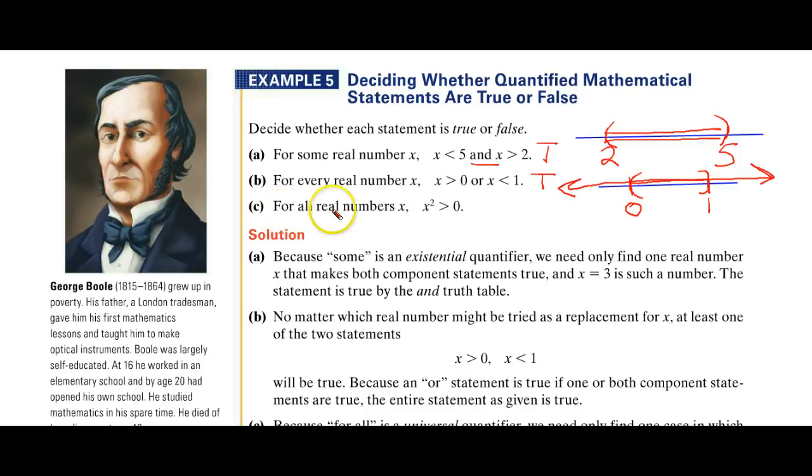Letter C, for all real numbers x squared is always greater than 0.